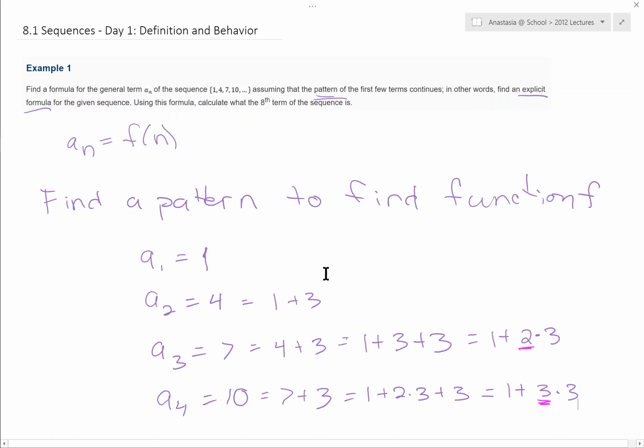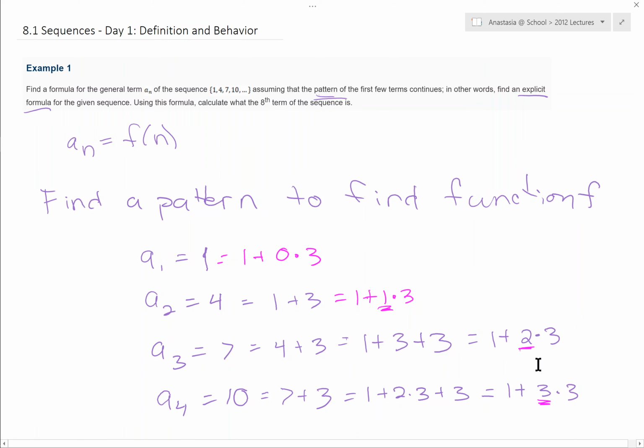The previous one is 1 plus 3, but notice that we could write that as 1 plus 1 times 3. So now the only difference between this formula and what we have on the next two is that one number. If we think of this pattern, then we've got a 3, a 2, a 1. This one should maybe have a 1 plus 0 times 3, and that does work out for our first number.